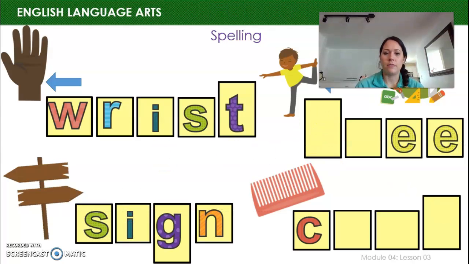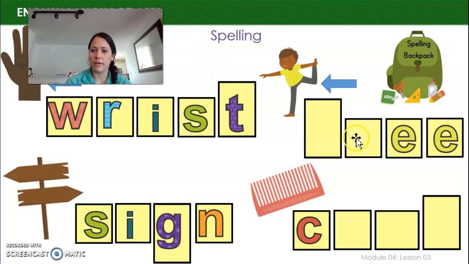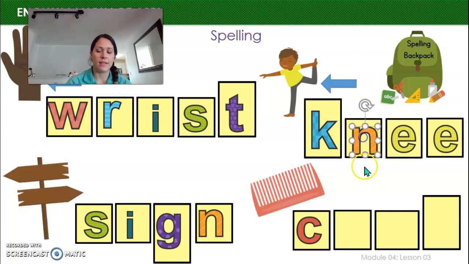Okay, now over here we have a body part again, our knee. What two letters make the N sound with a silent letter at the beginning? Hopefully you remember it was silent K and then N-E-E, knee.